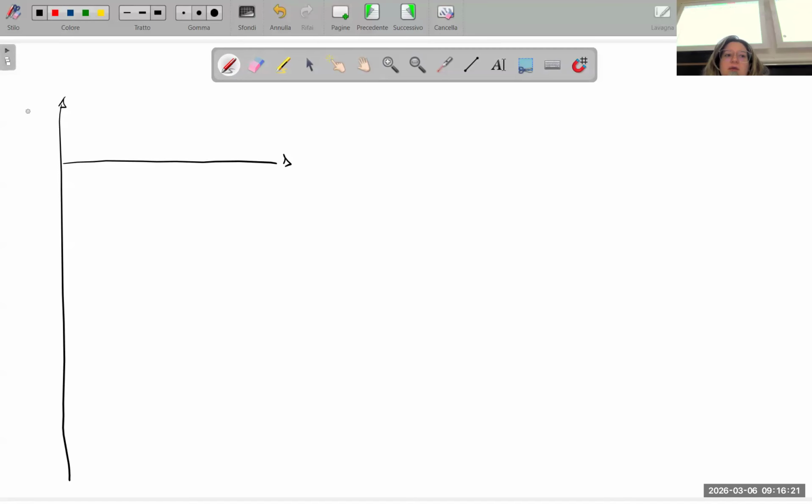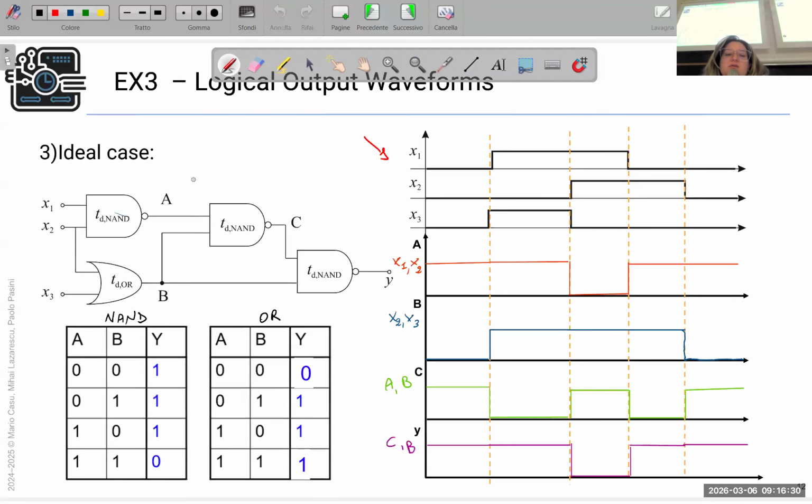So let's see x1 and x2 first. Okay, let's see this circuit. It's complex. We have to divide it into more sub-problems. So in the first case, understand A. A is given by just one NAND, and it's given by x1 and x2. So let's see how x1 and x2 are made.